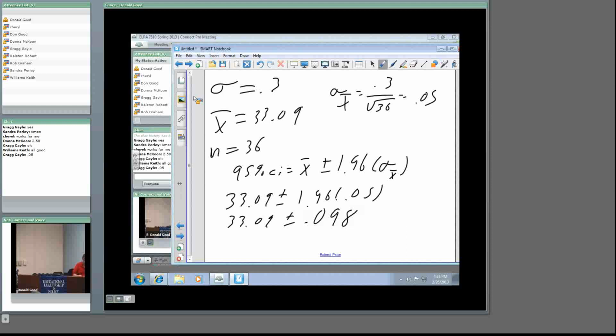No, it's okay. All right, so 33.09, first of all, minus 0.098 for the lower end is 32.992. Adding that on the upper end is going to be 33.188. I can't do that in my head.